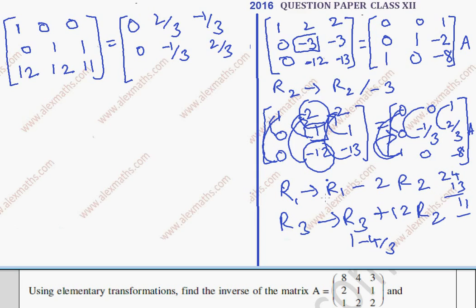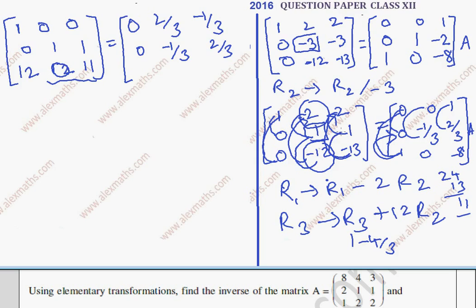Just a minute. I think in the R1, sorry, here these two numbers by mistake we took it from as R1. Actually it is minus 12 plus 12 times of this, so it is going to be 0 here. Okay.